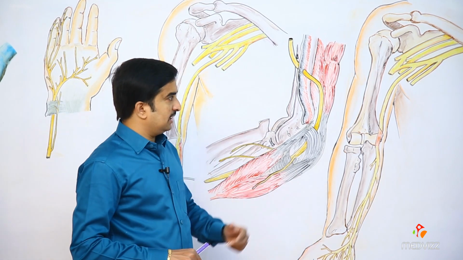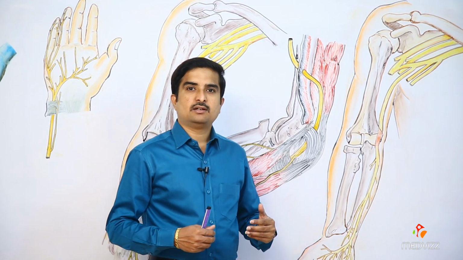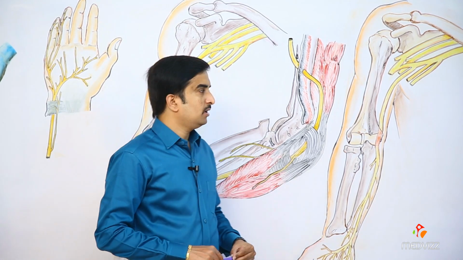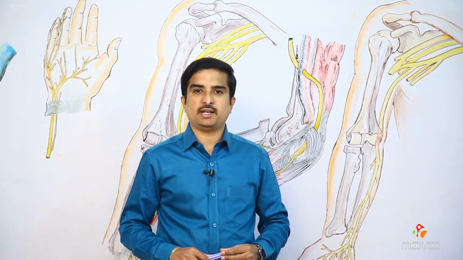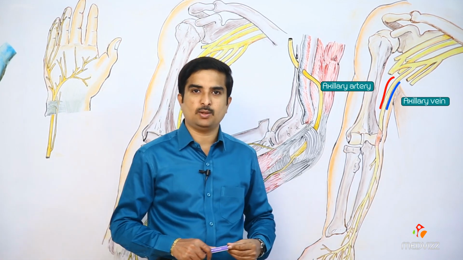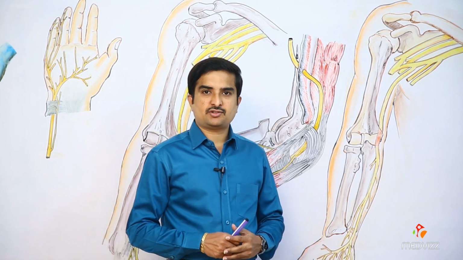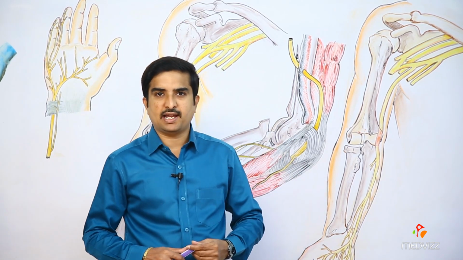In the axilla, because the ulnar nerve is formed in the axilla, let us begin our discussion with the axilla itself, right? The ulnar nerve originates from the medial cord of the brachial plexus to lie between the axillary artery and the axillary vein. The nerve is related to the third part of the axillary artery.